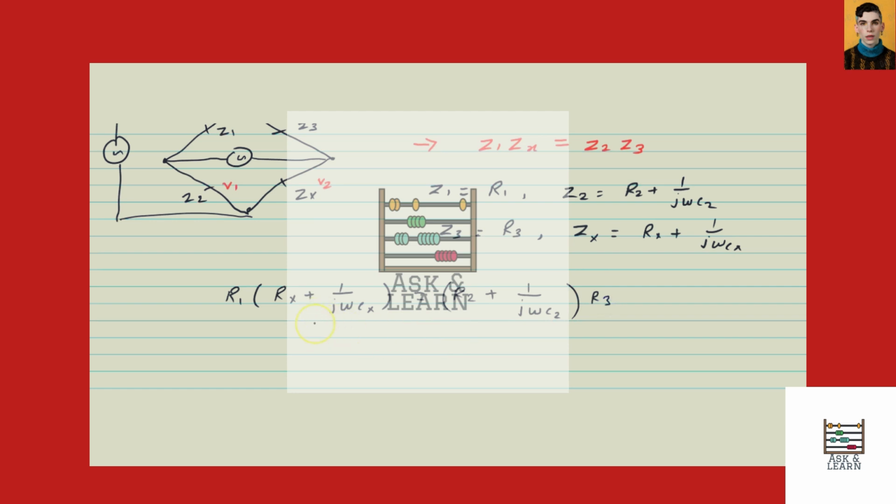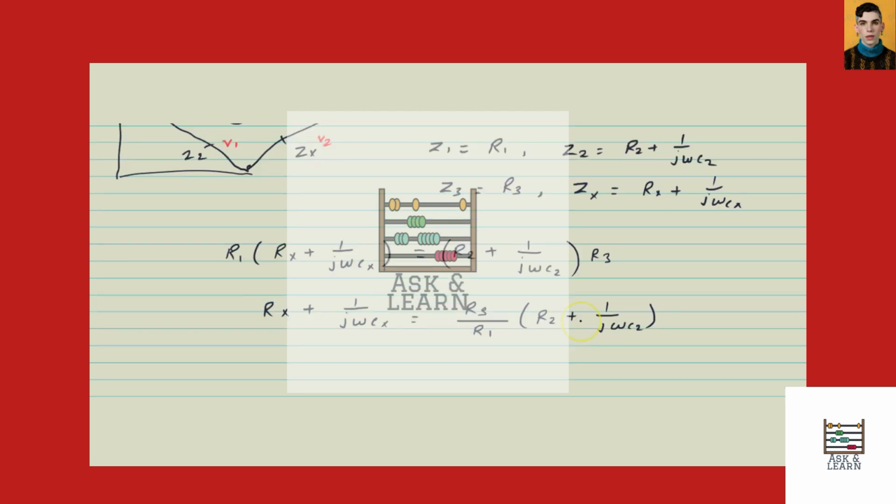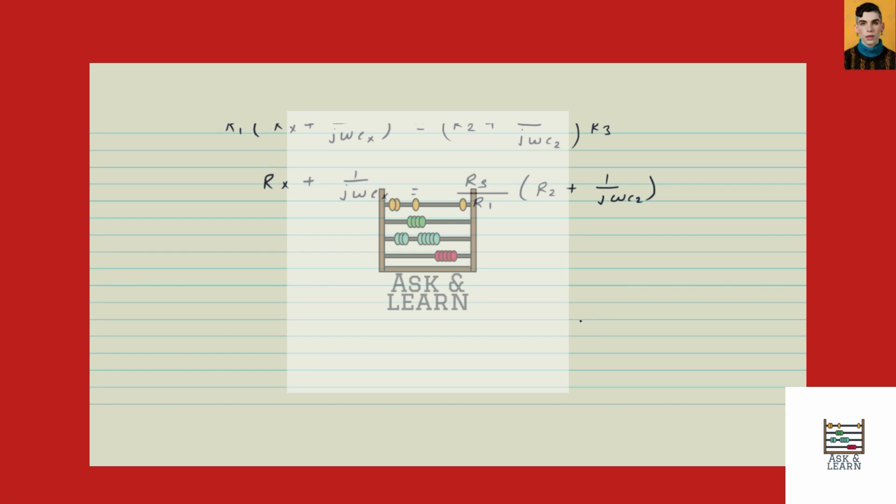So we have to calculate the value of Zx. Then it is written as Rx plus 1 upon j omega Cx equals R3 upon R1 times R2 plus 1 upon j omega C2. Fine.